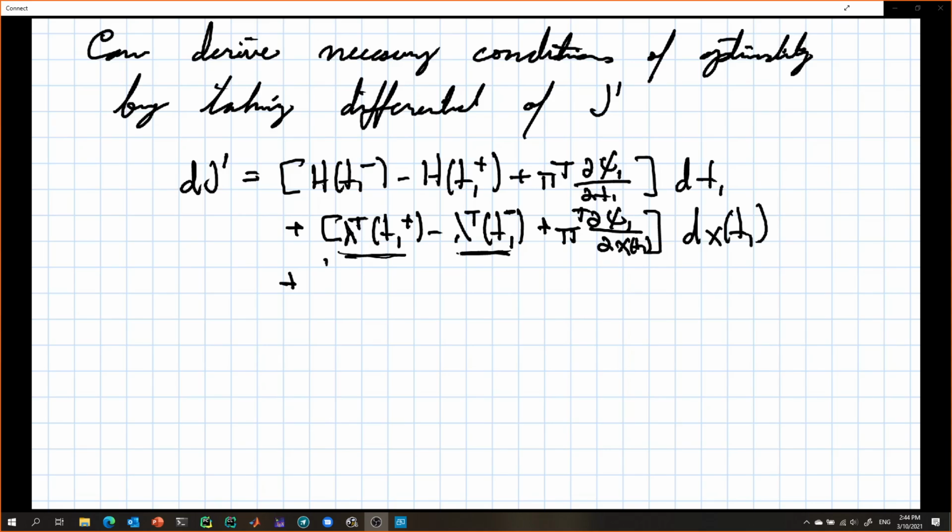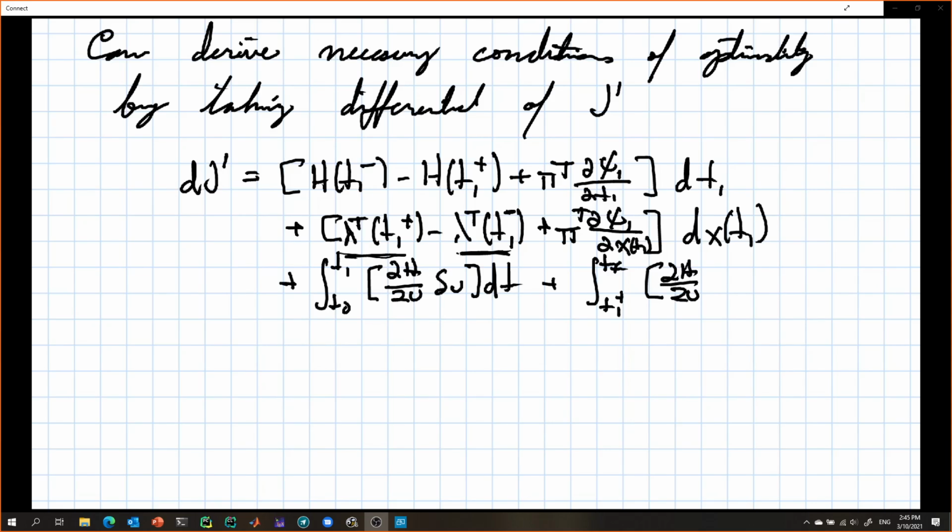And lastly, we have, and this hasn't really changed, it's only included because we have two different segments. But in both we have that dH/du times the variation in u still exists.